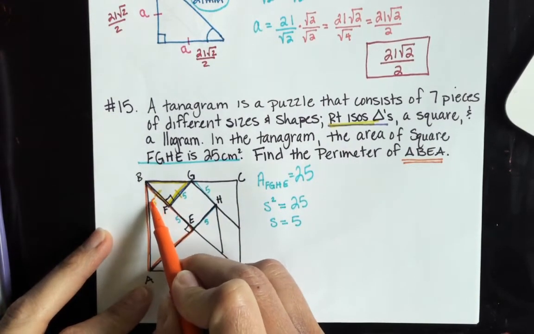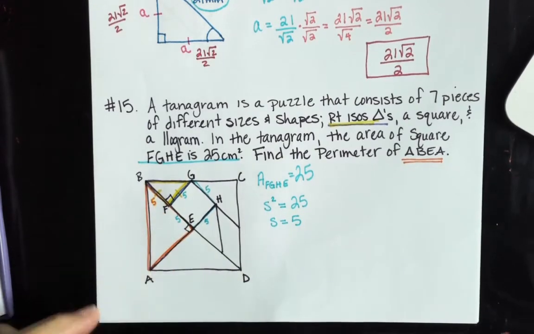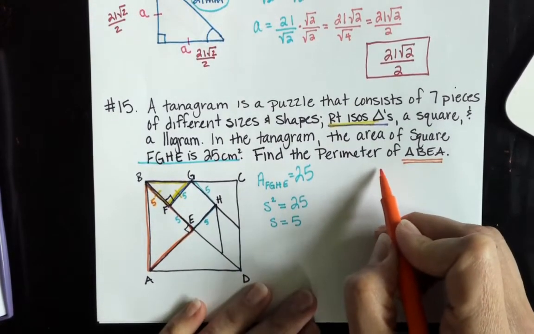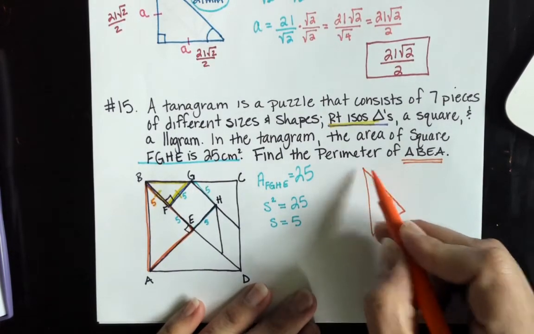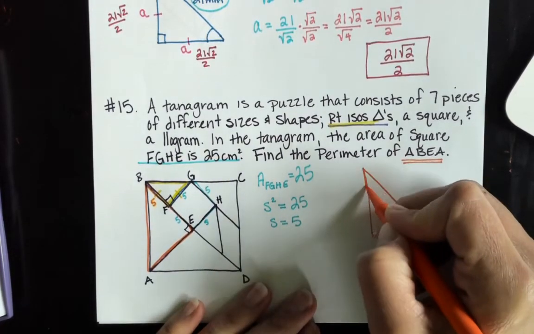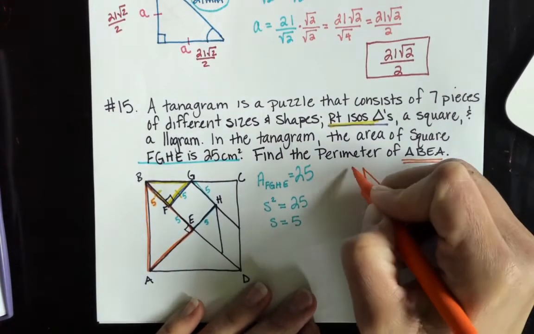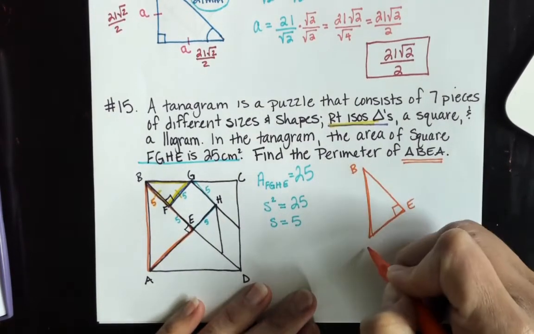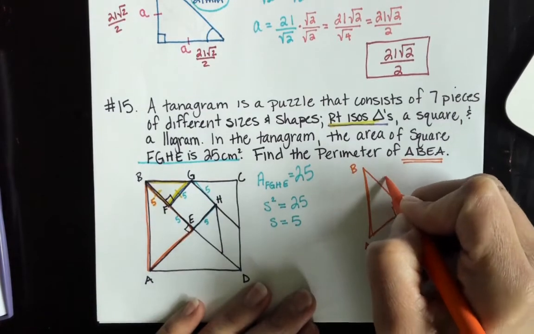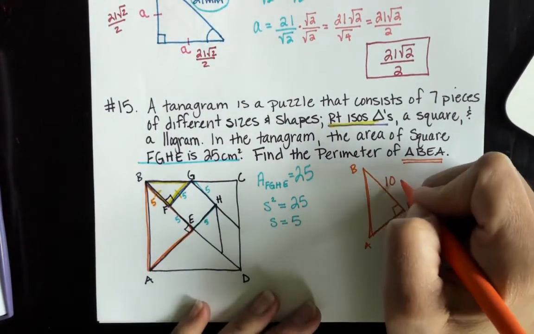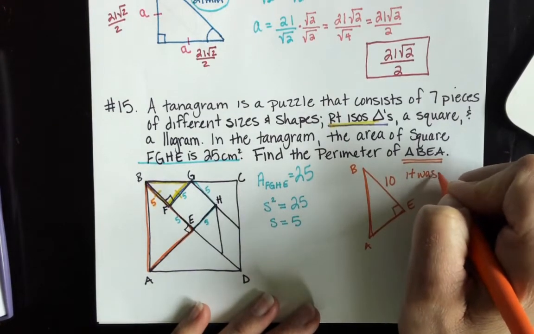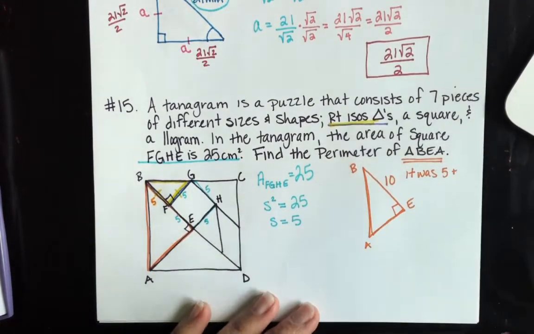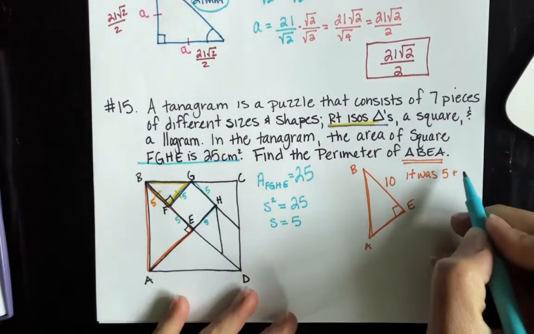And if this guy was 5 and that guy was 5, over here I'm going to draw BEA, and I'm going to take this and make it 10. And that's because it was 5 plus that other 5 that we had there.